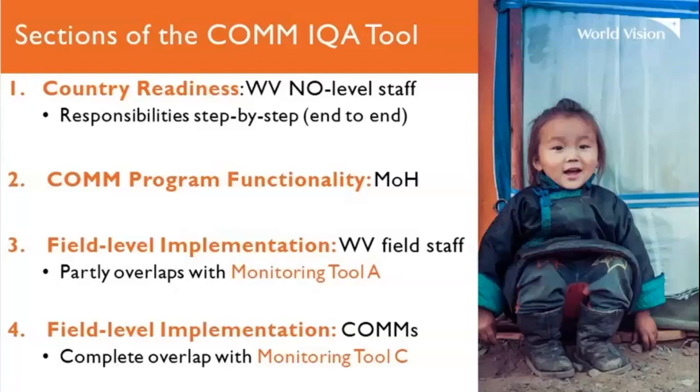So maybe the final way that you might want to make use of this IQA tool is to look at the third tab and just meet with your facilitators and ask them, how do you feel about these points in this third tab, which relate to their own responsibilities with the COMM.